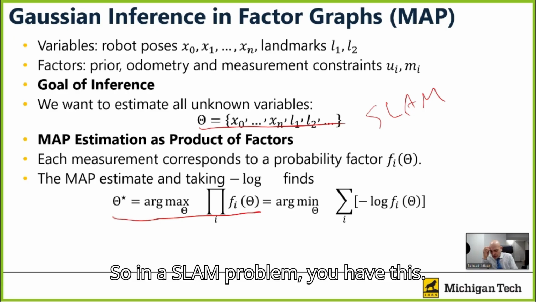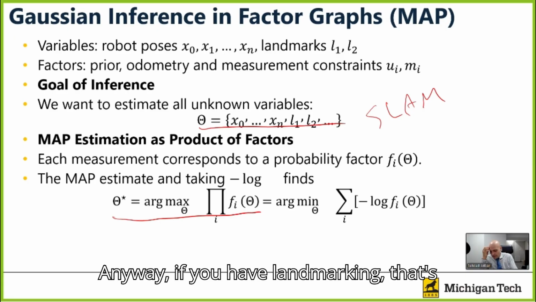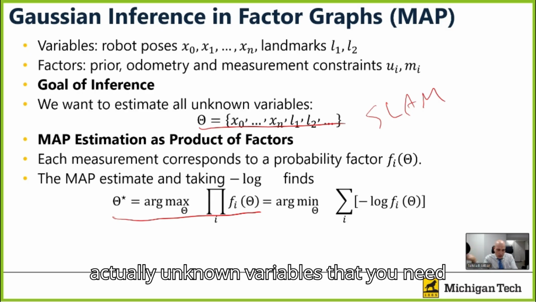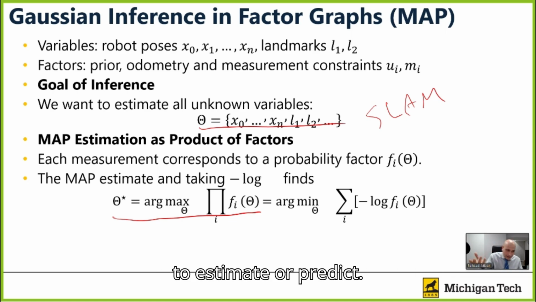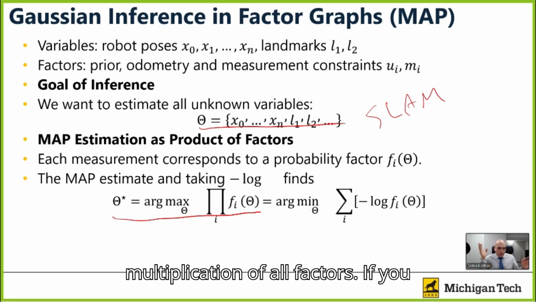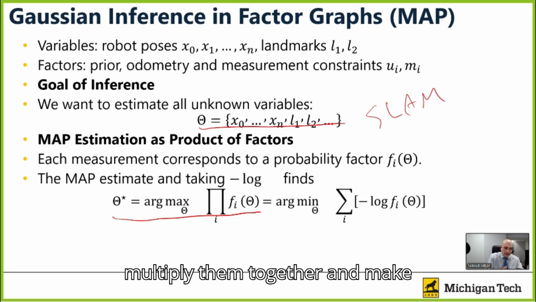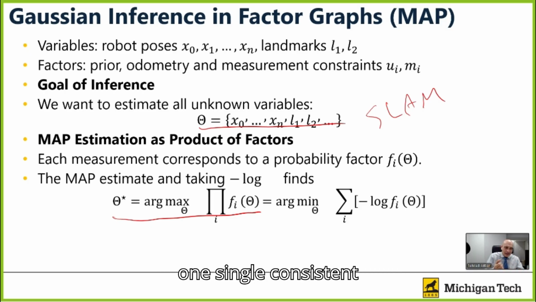If you have landmarks, they are also considered part of the unknown variables that you need to estimate. So this comes from multiplication of all factors. If you have all factors, you just need to multiply them together and make one single consistent optimization problem.